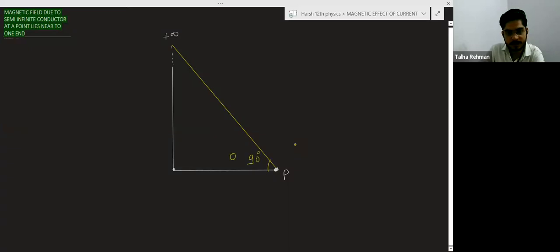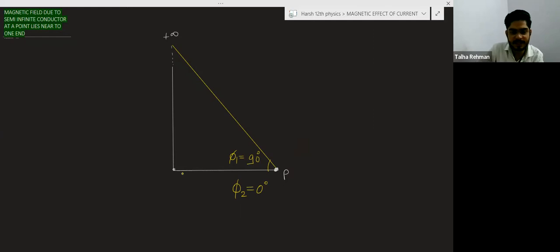This time your phi 1 is equal to 90 degrees, and what is phi 2? Phi 2 will become 0 degrees, because this point is here and this point is the other end. This is the distance A now.